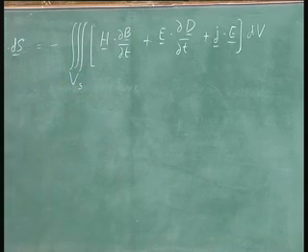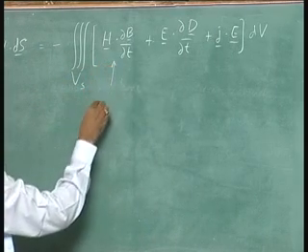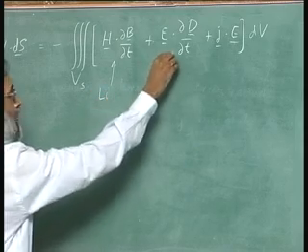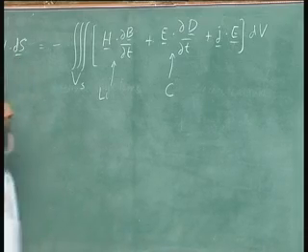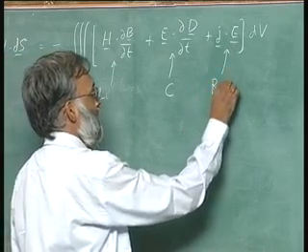And as I told you, if you look at this piece, this is basically what we call our inductor L, and this is what we call our capacitor, and this piece is both resistors and voltage sources.